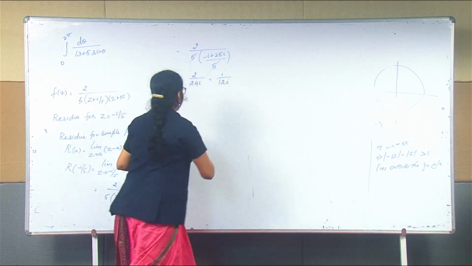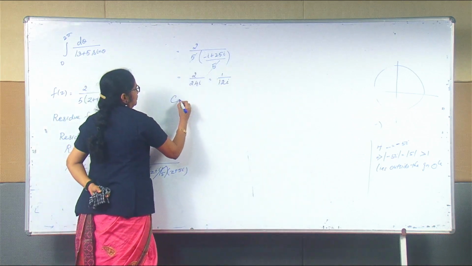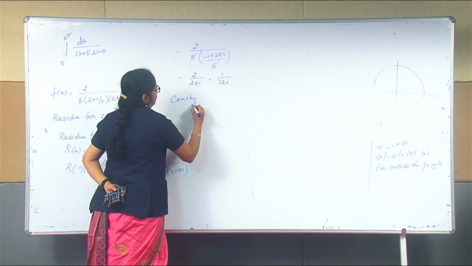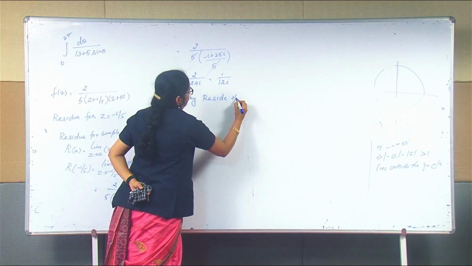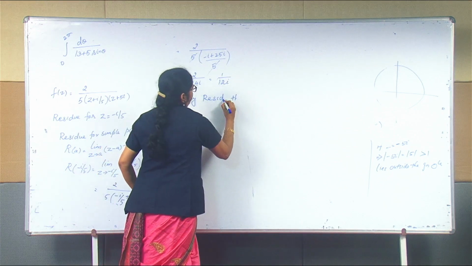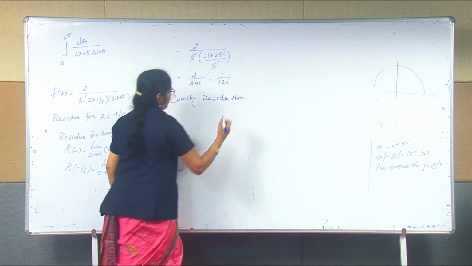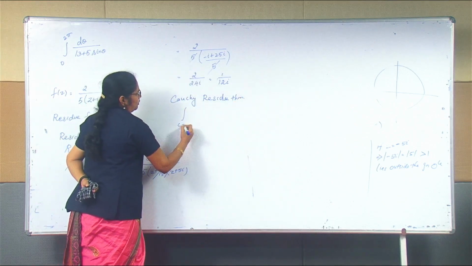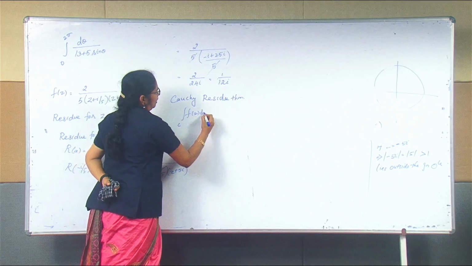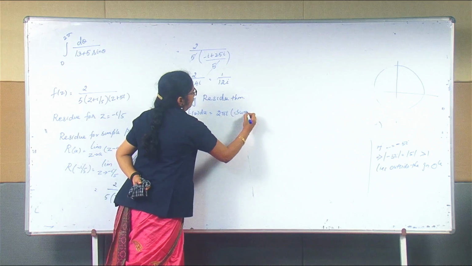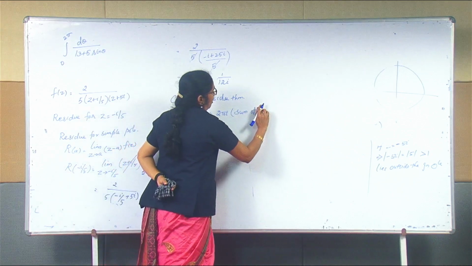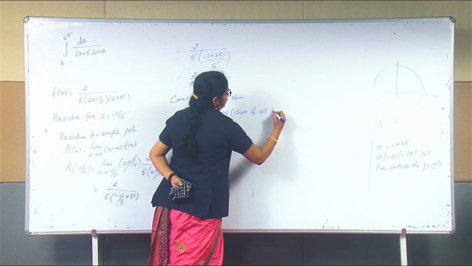So what is the Cauchy residue theorem? Residue theorem: integral over C f of z dz equal to 2 pi i into the sum of all residues.